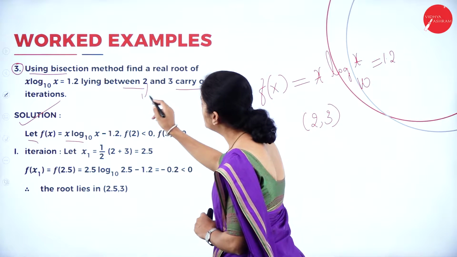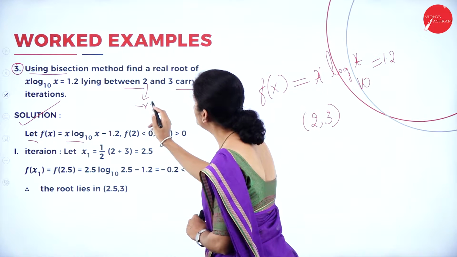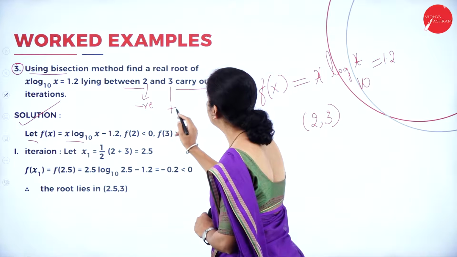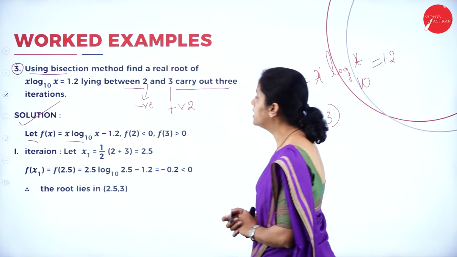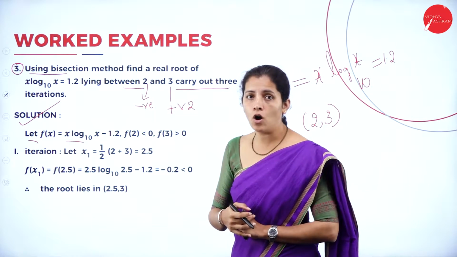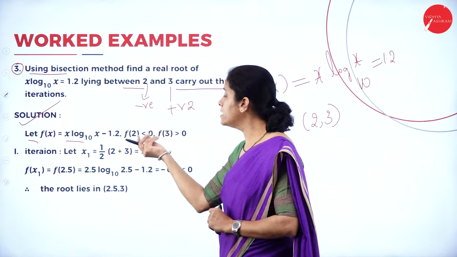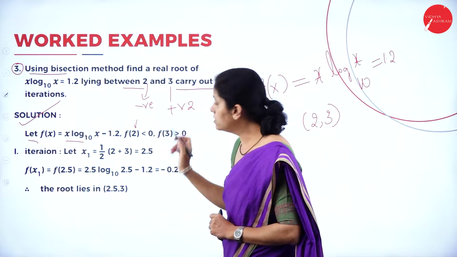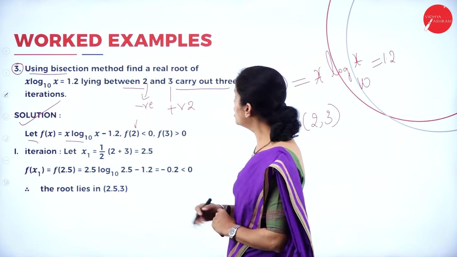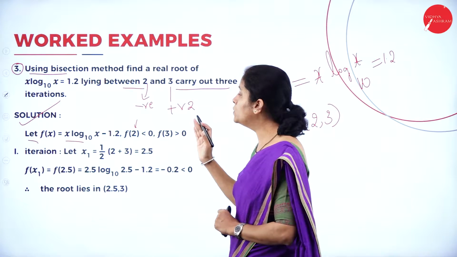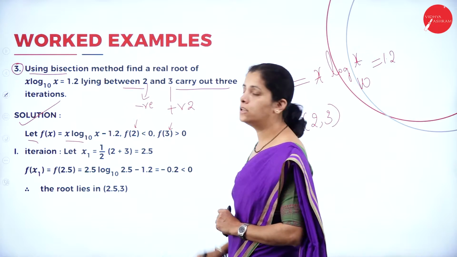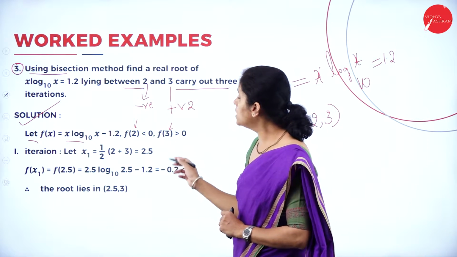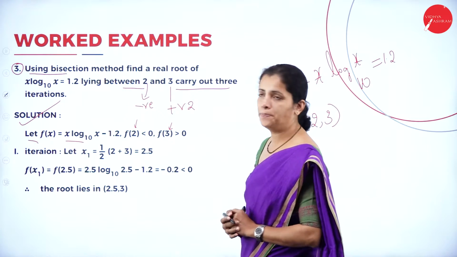So this is my negative value and this is my positive value. That means when I get a negative value, the root lies at 2, and when I get a positive value, the root lies at 3. So the root lies between 2 and 3.